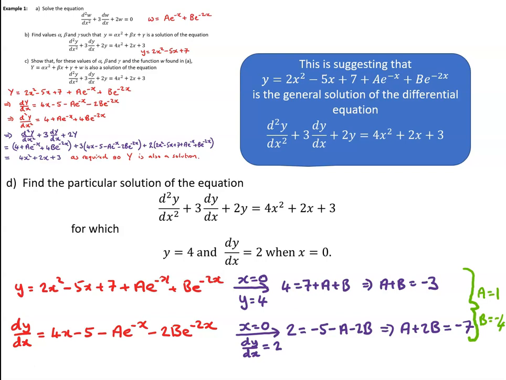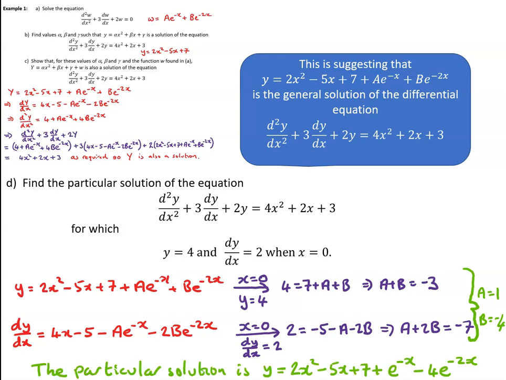I've got a pair of simultaneous equations there that solve to give me a equals 1 and b equals minus 4. So I now know that the solution of the equation that meets the boundary conditions y equals 4 and dy/dx is 2 when x equals 0 is y equals 2x squared minus 5x plus 7 plus 1e to the minus x plus minus 4e to the minus 2x.